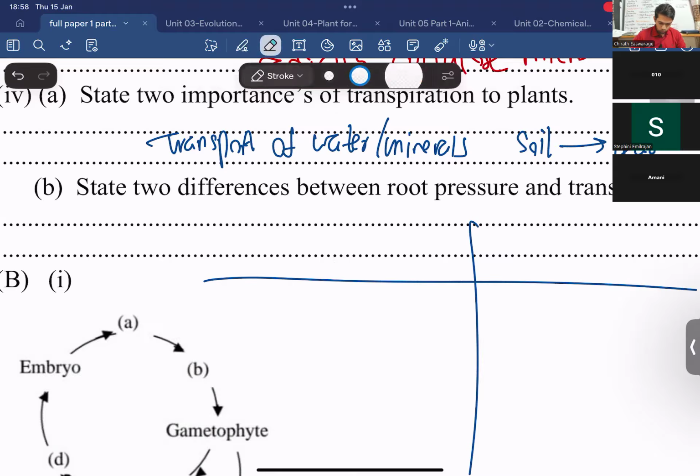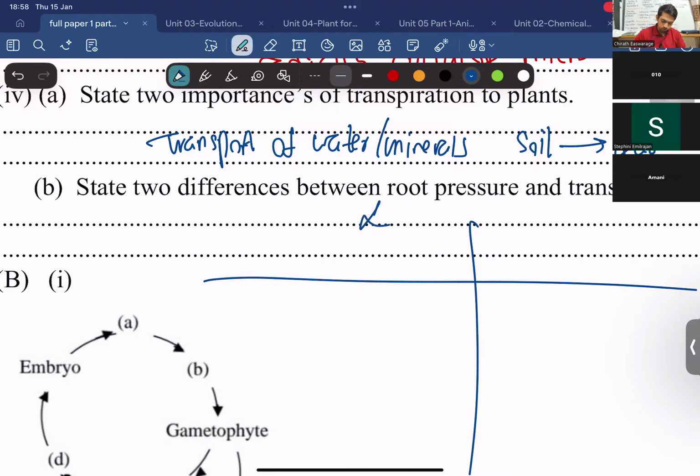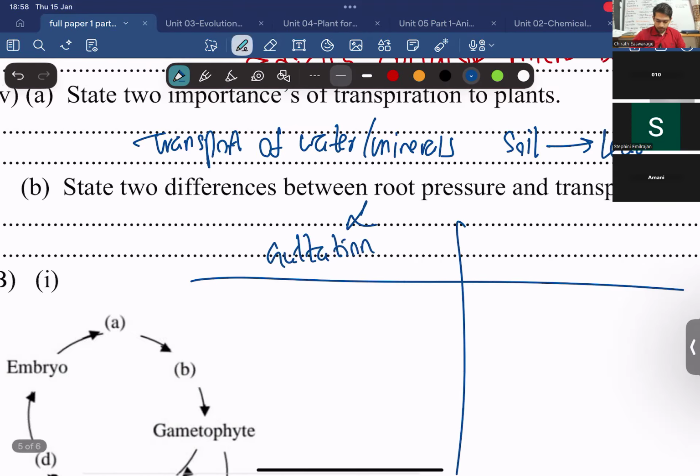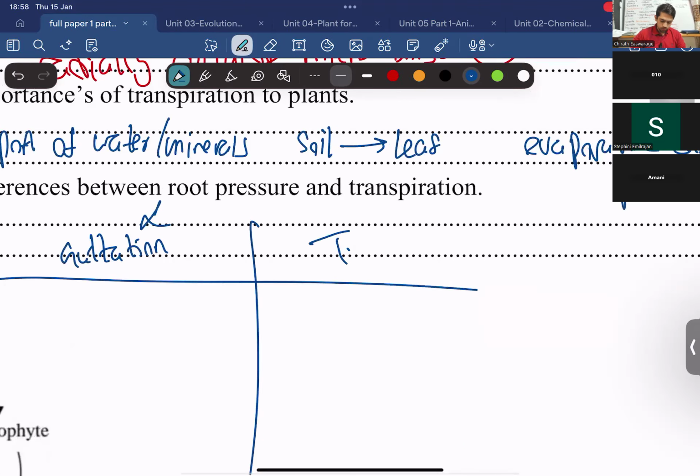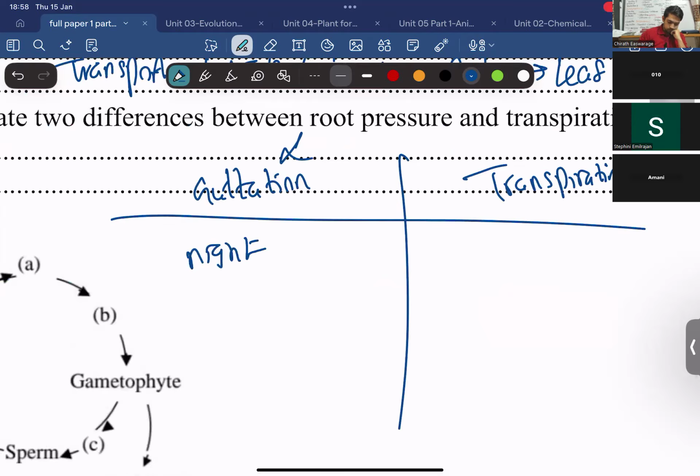Sorry, they have given it as root pressure. So another name for root pressure is guttation. And transpiration on this side. Guttation only occurs at night. Transpiration occurs in the daytime, because with the sunlight, the stomata are open.